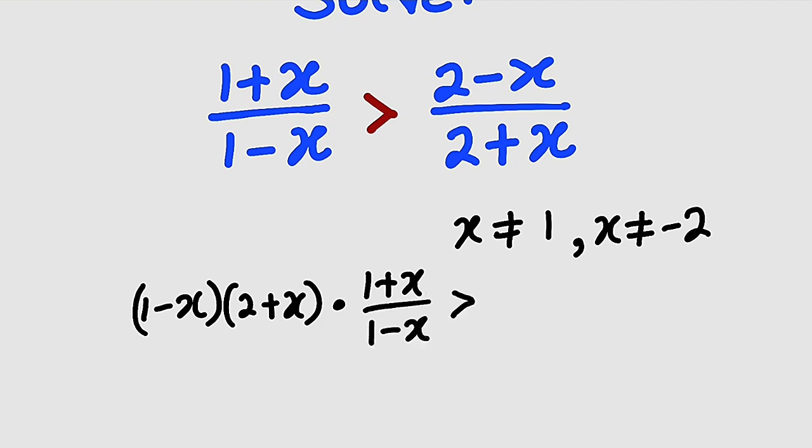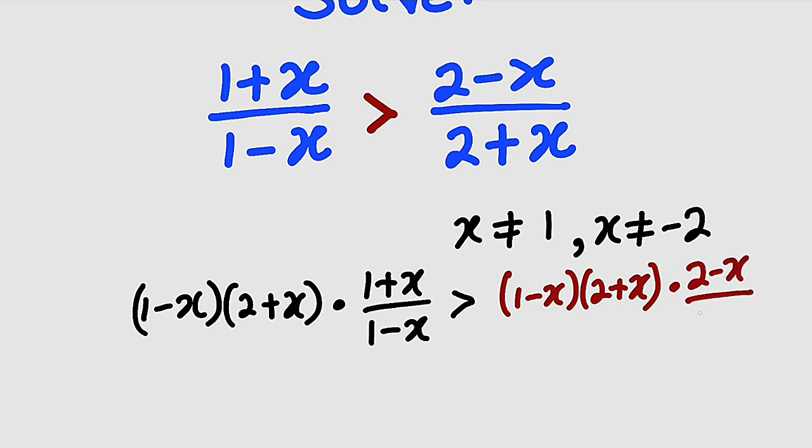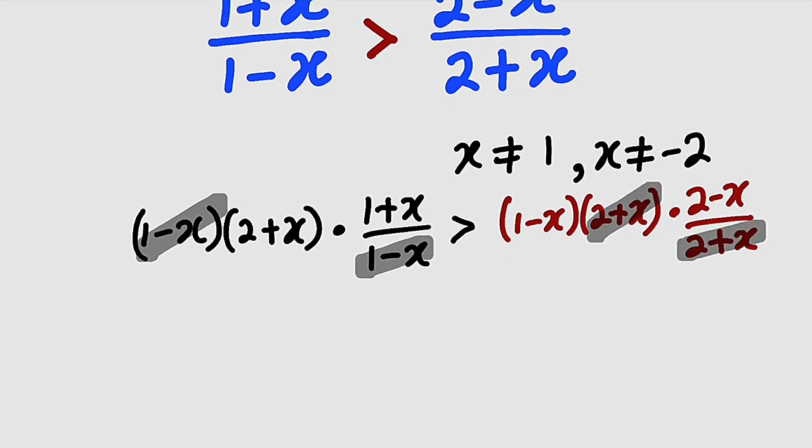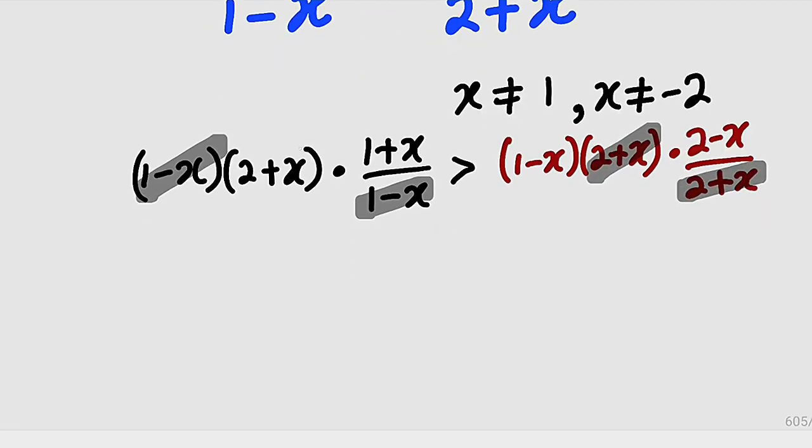This is greater than; we do the same thing to the right hand side, (1 - x)(2 + x), multiplied by (2 - x)/(2 + x). For cancellation, you can see that this will cancel this and this will cancel this, right? So to the left hand side, we have a product of these two factors.